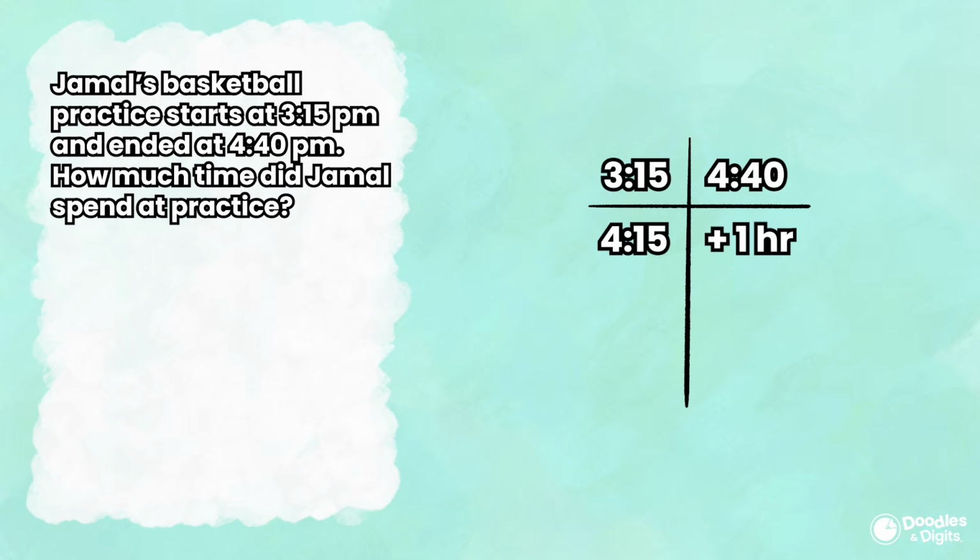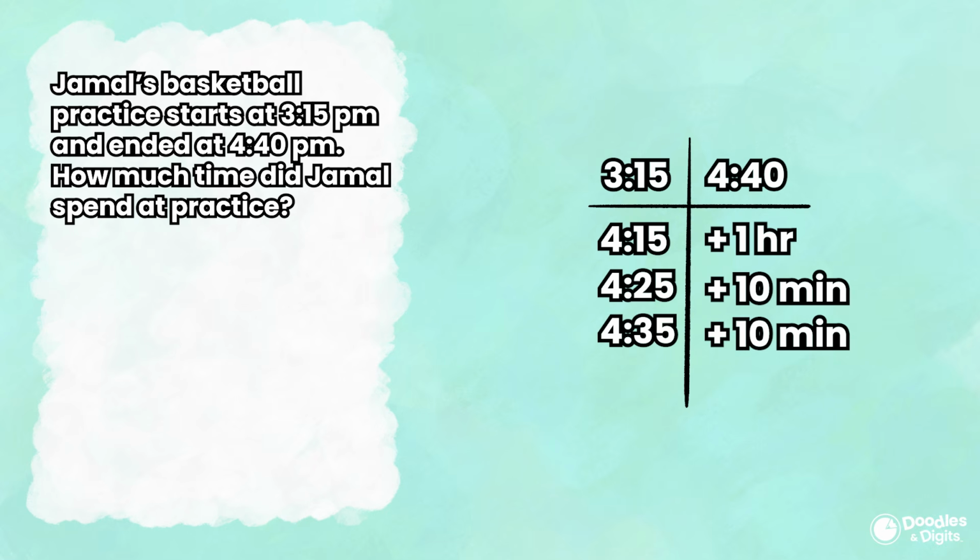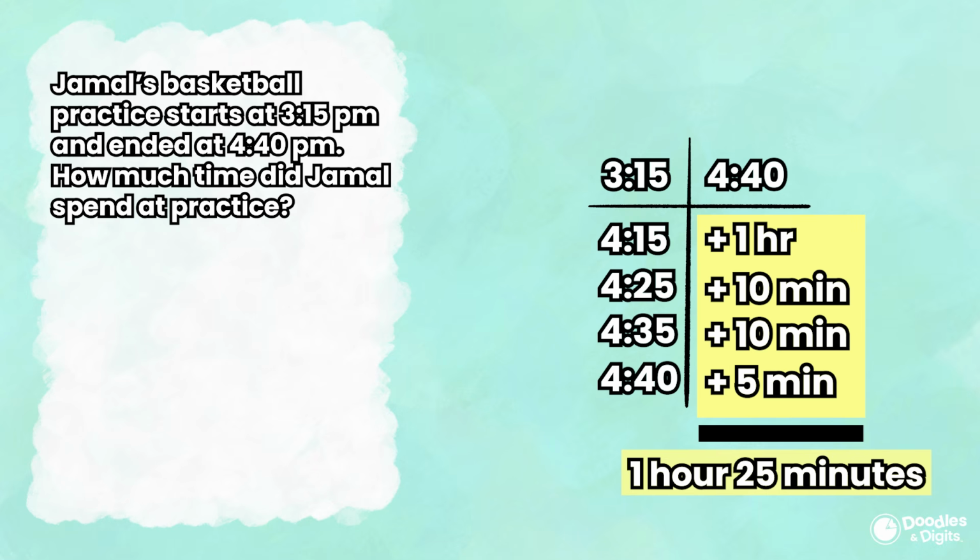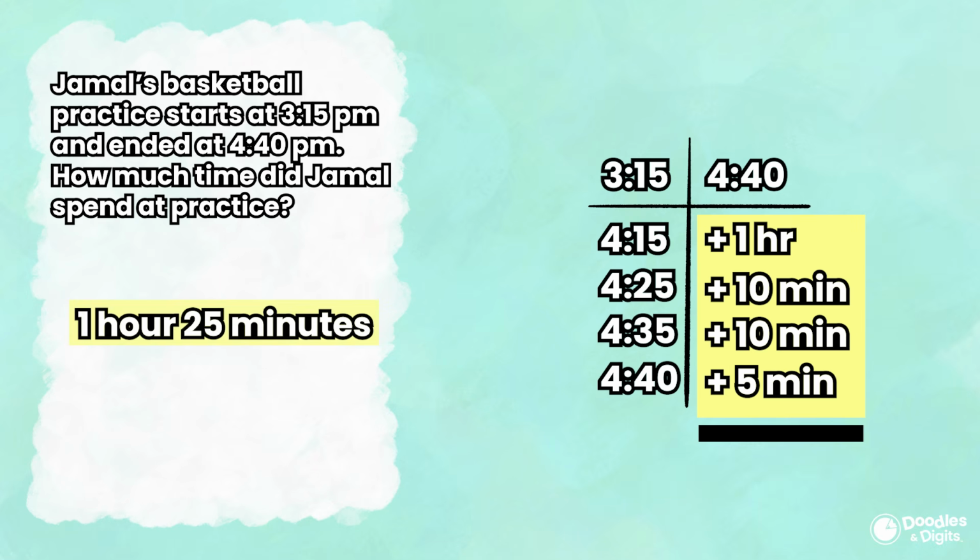Now I'm going to do it in 10-minute increments. So I'll have 4:25, 4:35. Look, I only have 5 more minutes to get to our end time. So we know that Jamal spent 1 hour and 25 minutes at practice. Did you get it correct?